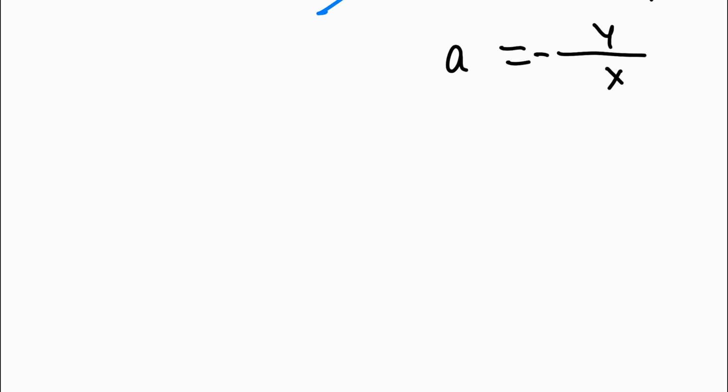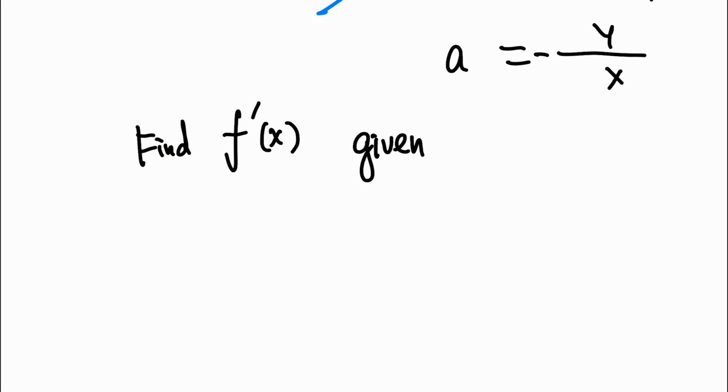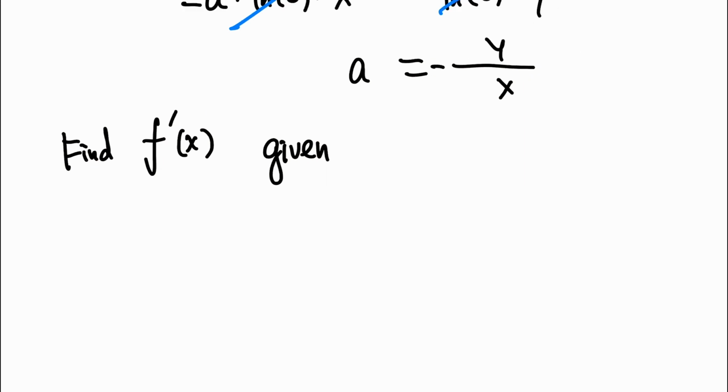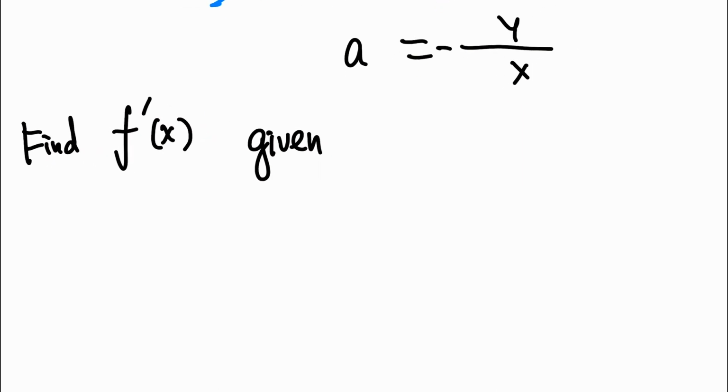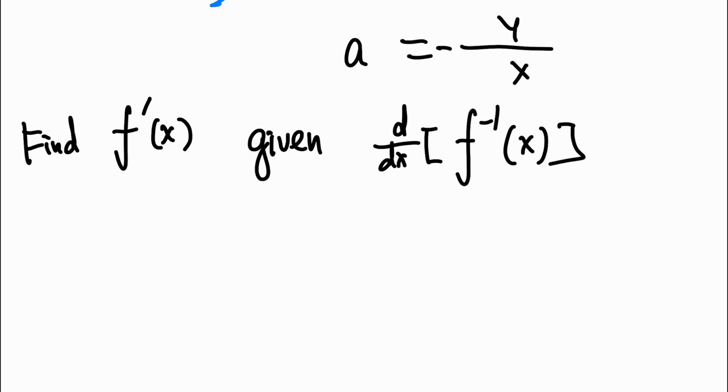So the inverse derivative basically wants to find the derivative of f of x, given that we know the derivative of the inverse of f, and we want to find this.